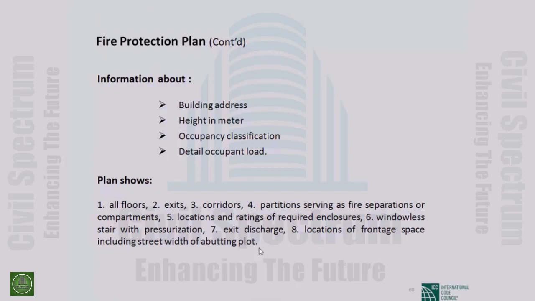What is present in a fire protection plan? In a fire protection plan, you have to give the following information: building address, height in meters, occupancy classification, detailed occupant load, and a floor plan showing all floors, exits, corridors, partitions serving for fire separation in the compartment, location or rating of the required enclosure, rating of the required windowless stair with pressurization, exit discharge, location of front space, including streets, width of the plots.